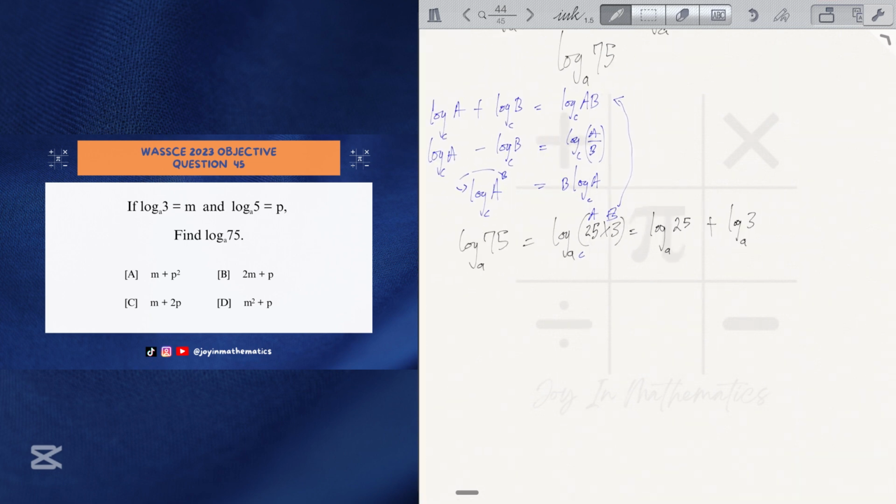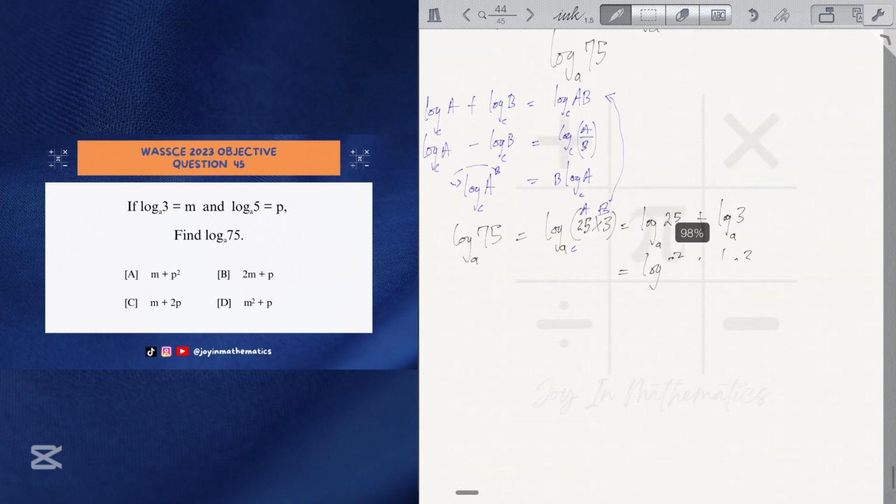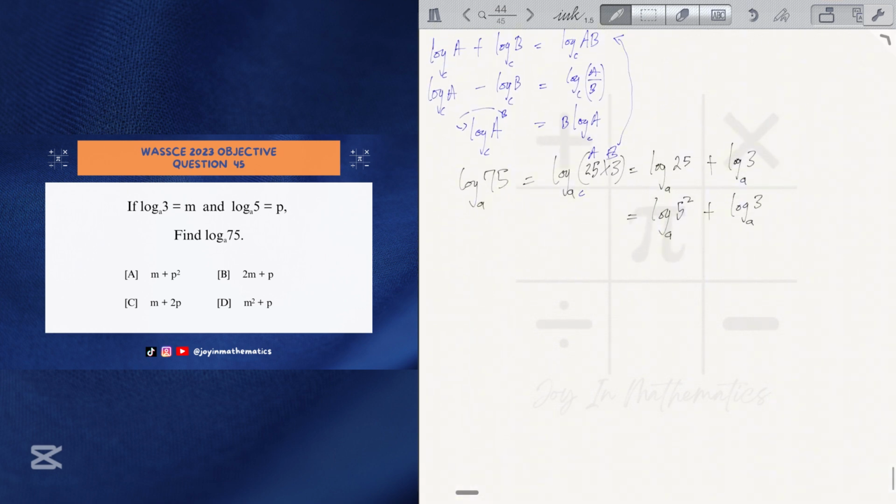With that done, we can now simplify 25 further to give us 5 squared. So this will be log 25, which is the same thing as 5 squared, to base a plus log 3 to base a. Now which formula do we apply again? We apply this principle of log.